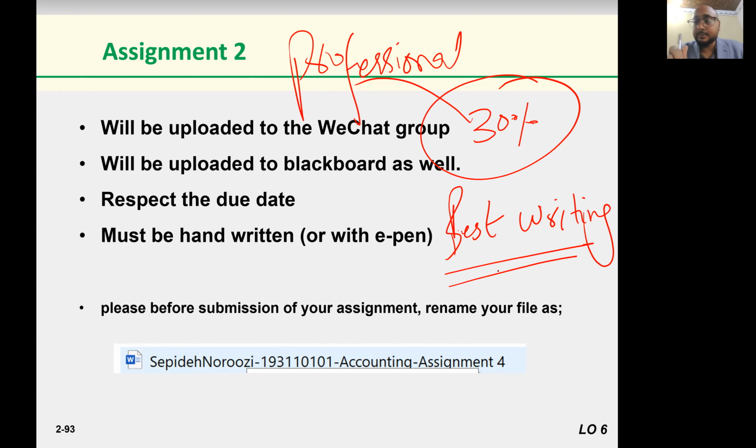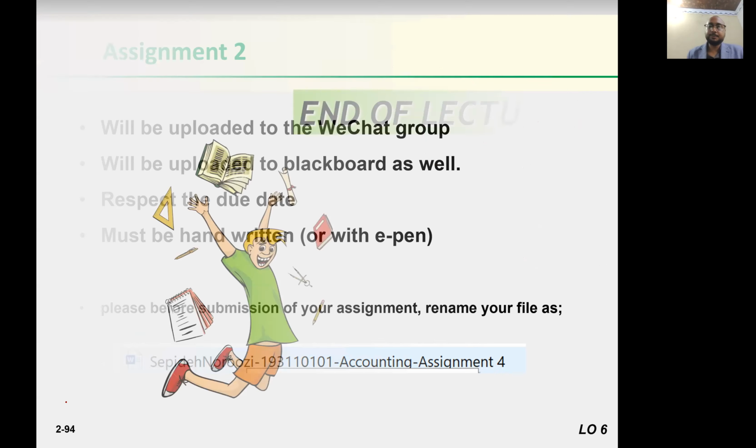Must be handwritten. Okay, must be in Word format. I told you why: it's very handy to give you a response quickly, rather than in PDF. In PDF, it doesn't work very well. It takes me a lot of time to check and I cannot give you a proper response. So are we clear? If you have any questions, you can ask us.